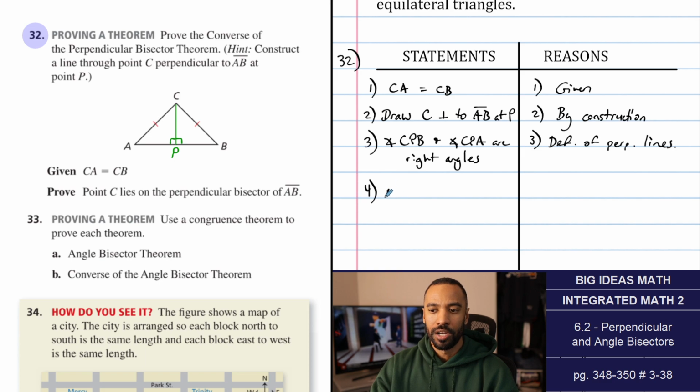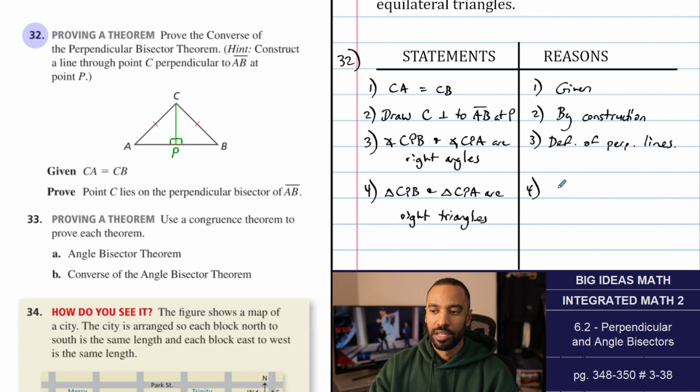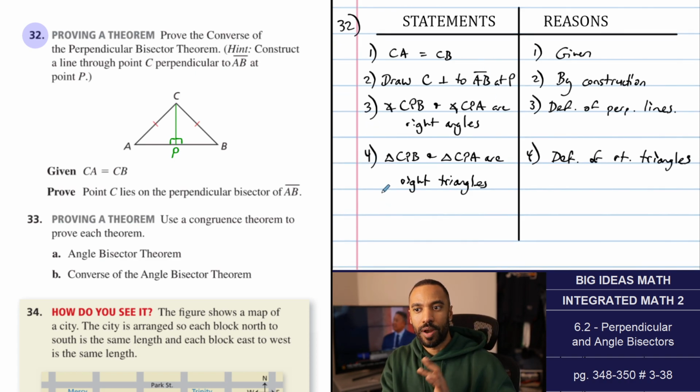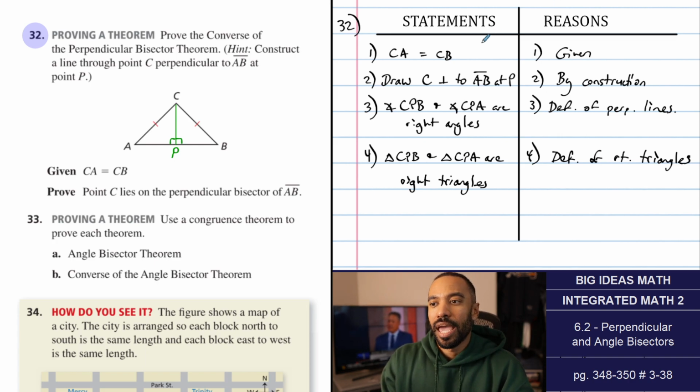So triangle CPB and triangle CPA are right triangles. This is the definition of right triangles, that they have right angles. Stating they have right angles leads to this statement. Now that I have right triangles, I can use an HL proof as long as I can get hypotenuses congruent and legs congruent.